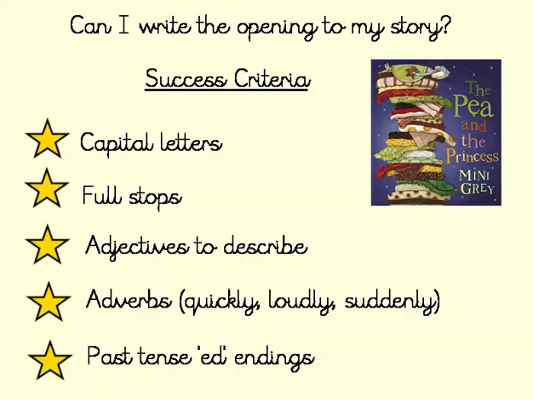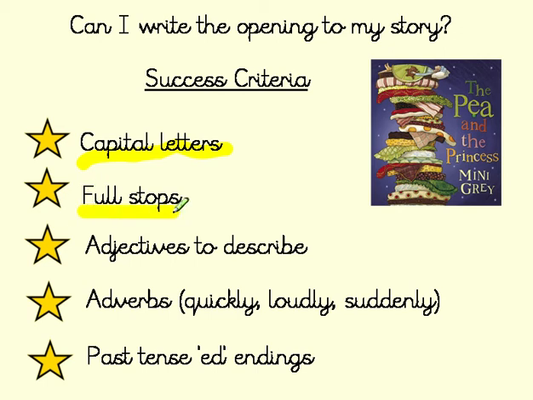Let's have a think about what we need to include when we're writing. We need capital letters. Capital letters we need for the beginning of our sentence and for names of people or particular places. So we need a capital letter for the Queen and the Prince.